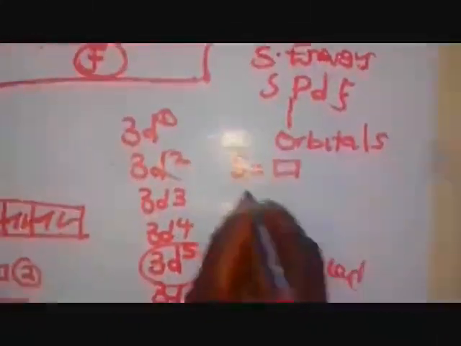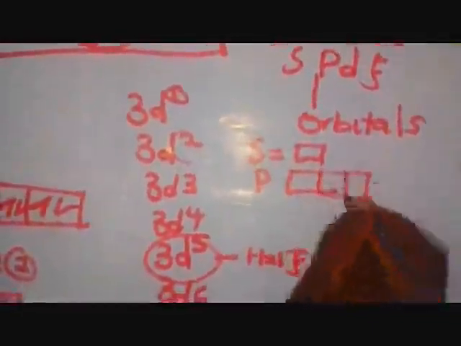Then you have what we call orbitals. Now those orbitals: s has only 1 orbital, p has 3 orbitals, which I represent by dividing into boxes, and d has 5 orbitals: 1, 2, 3, 4, 5. But remember, each orbital accommodates 2.